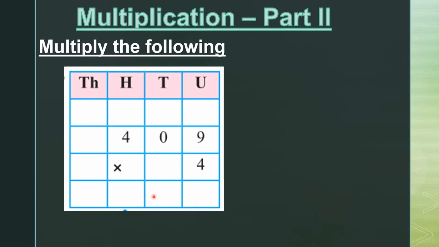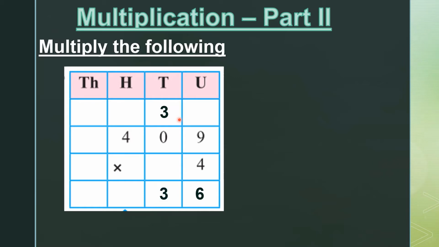Now let us solve the second sum. 409 multiplied by 4. We multiply 4 by 9. 4 9s are 36. So we write 6. 3 is carried to tens place. 4 multiplied by 0, that is 4 zeros, we get 0. 0 multiplied by any number we get 0. 0 plus 3 is 3.